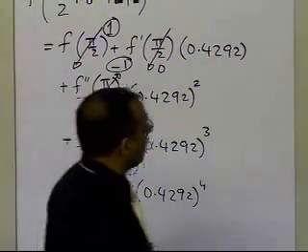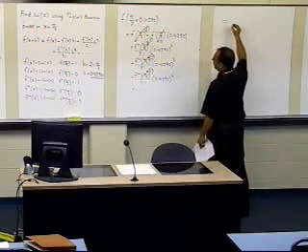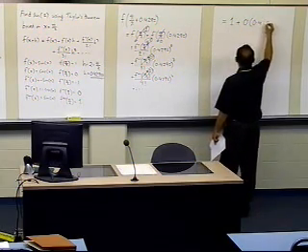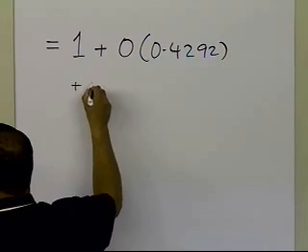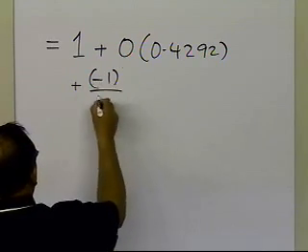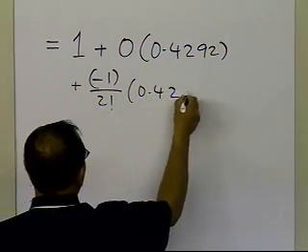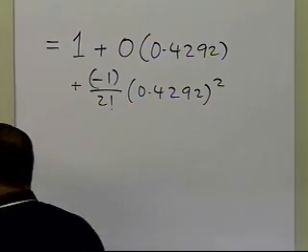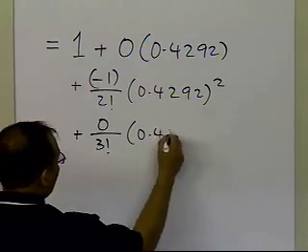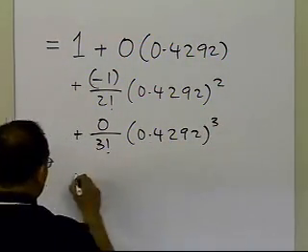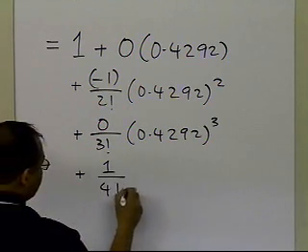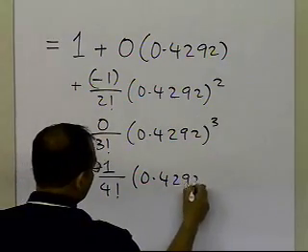So once I have those numbers, I can write that as the first term is 1, the second term is 0 times 0.4292, the third term is minus 1 divided by factorial 2 times 0.4292 square, the fourth term is 0 divided by factorial 3 times 0.4292 cube, and the fifth term of the Taylor series follows.